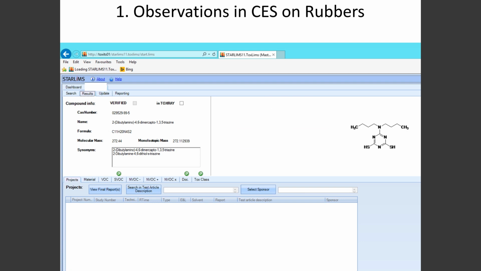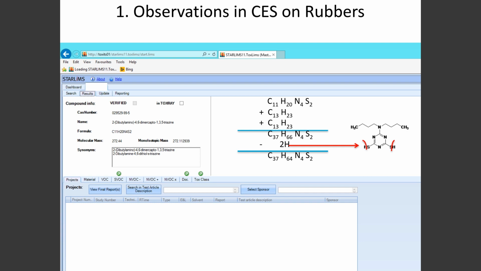What did we do next? We had seen other masses with that part in it, but other formulas, and the masses didn't fit. How can that compound have been in reactions that lead to that mass?